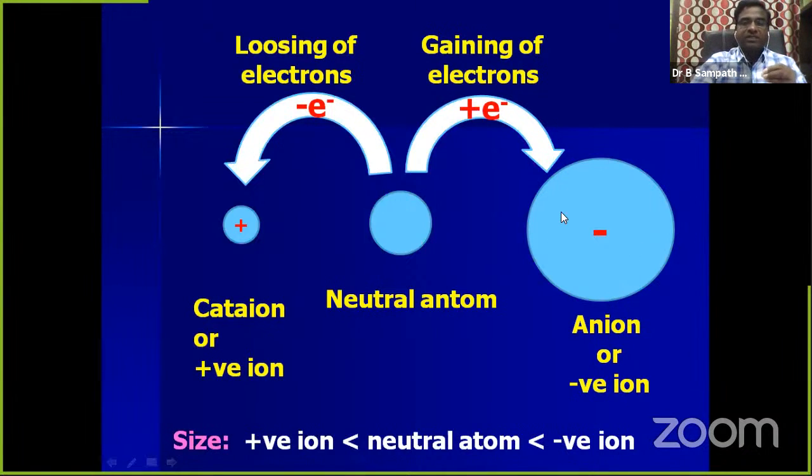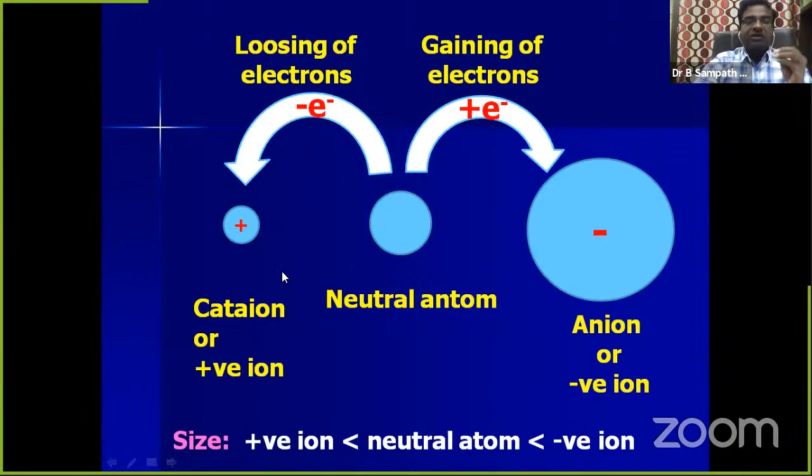This is very important. So when we add the electrons to the neutral atom, we can get the negative ion or anion. And when we remove the electrons, or when an atom is losing electrons, then we can get the positive ion or cation.